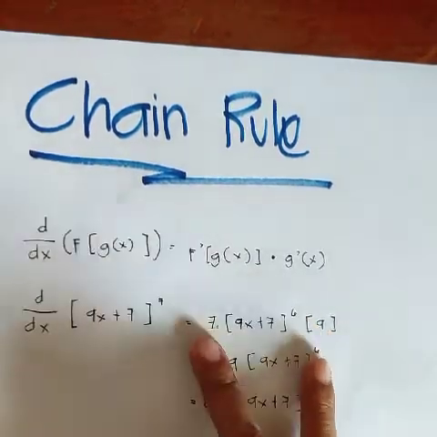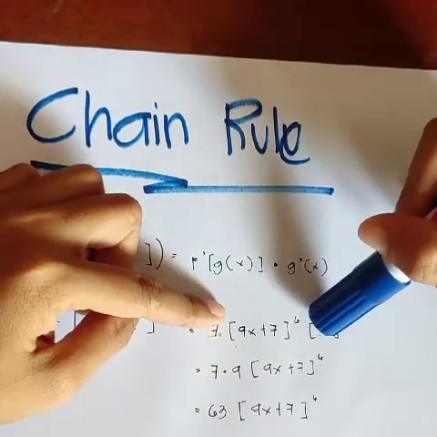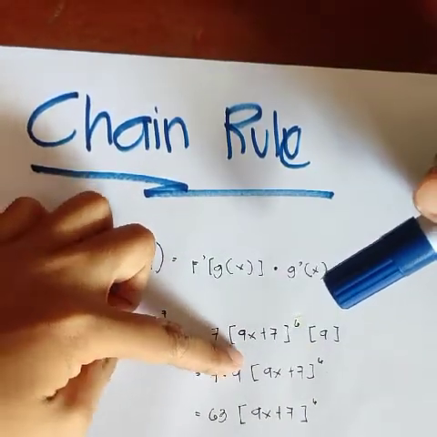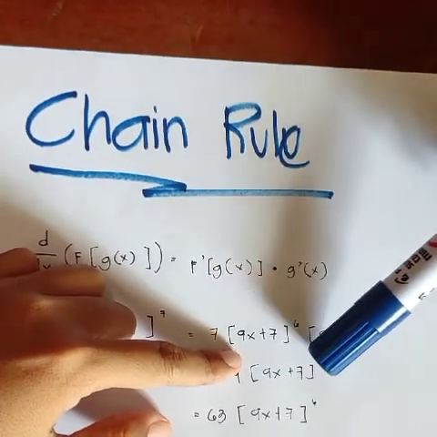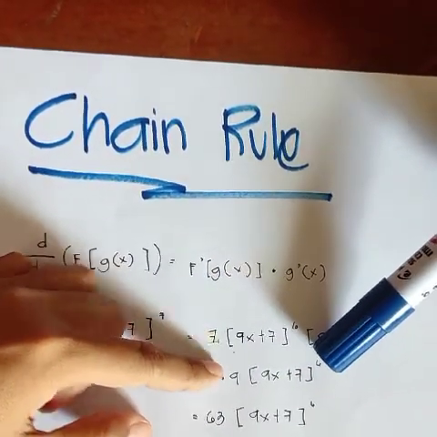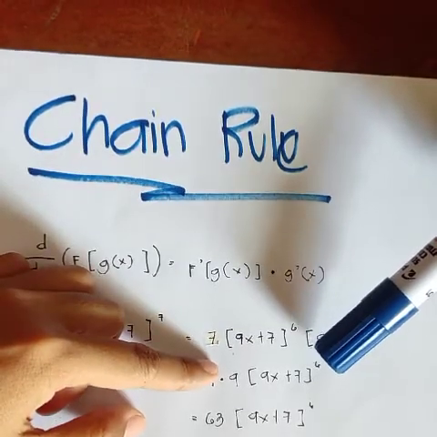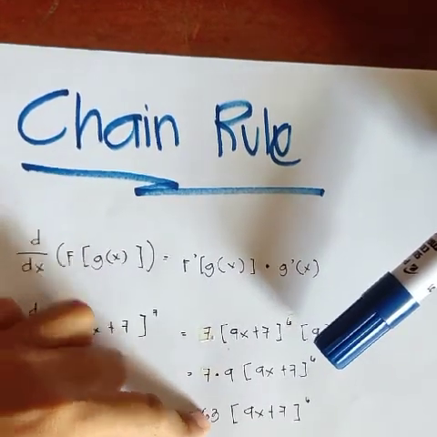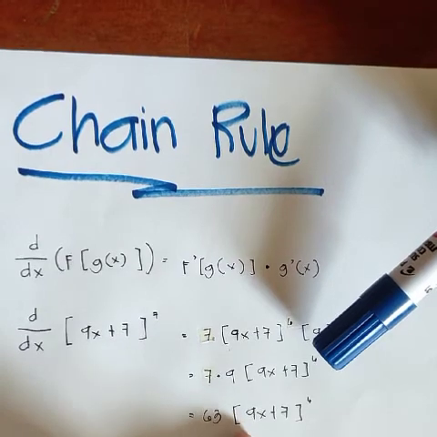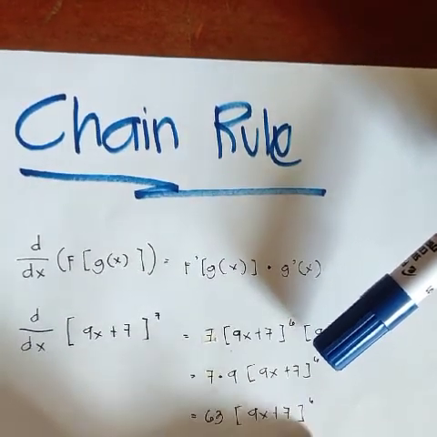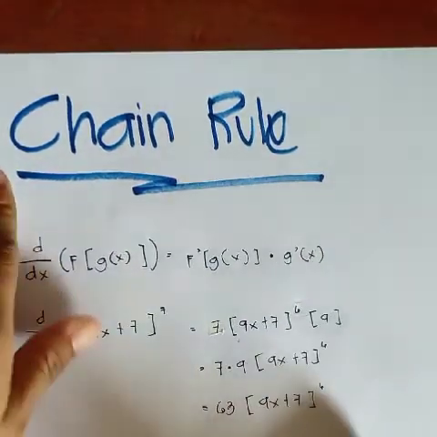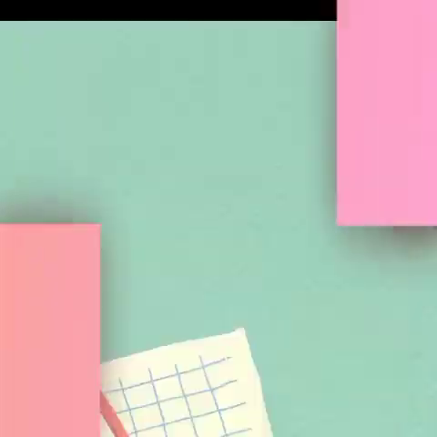So let us multiply: 7 times 9, and then copy 9x plus 7 raised to the power of 6. So 7 times 9 is equal to 63, and then copy 9x plus 7 raised to the power of 6. So here is our final answer.